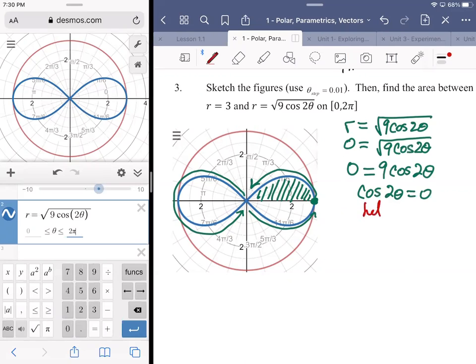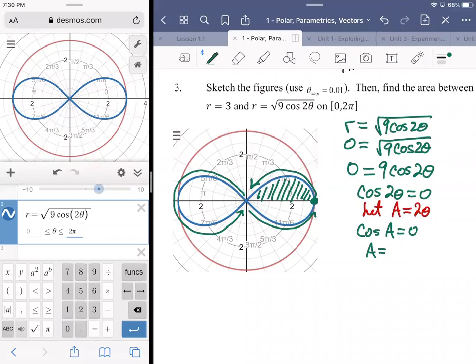So I'm going to let A equal 2 theta. That gives me a new model, cosine A equals 0. Based on our knowledge of the unit circle, we're thinking about where cosine would be equal to 0. Cosine is the x value.